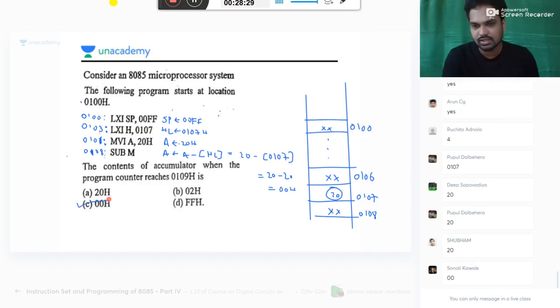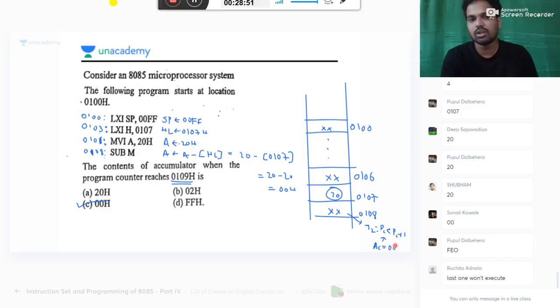So originally this is the answer, but the examiner has used the contents of accumulator when the program counter reaches 0109. Actually at this time, program counter during T2 itself, PC will be equal to PC plus 1. At that time your accumulator is 20 only. This is the original value.